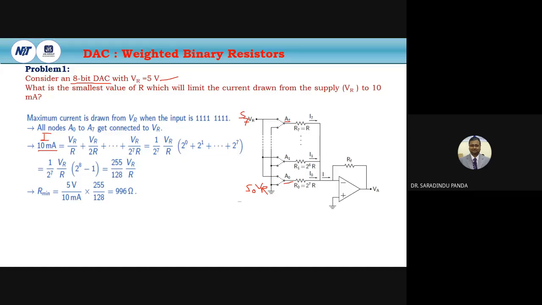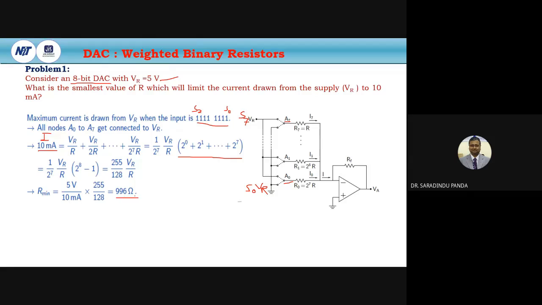That is because this is S0 2 to the power of 0, S1 2 to the power of 1, to S7 2 to the power of 7. So all are 1, that means S0 to S7 should be 1. For this reason we will get this. Okay, so here we know VR is 5 volt. So from this we get the minimum resistance R equal to 996 ohm.